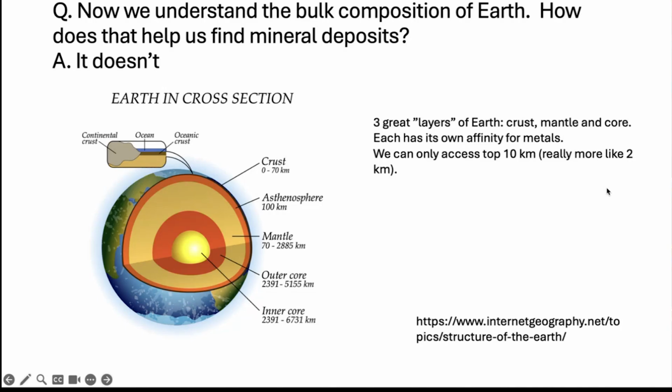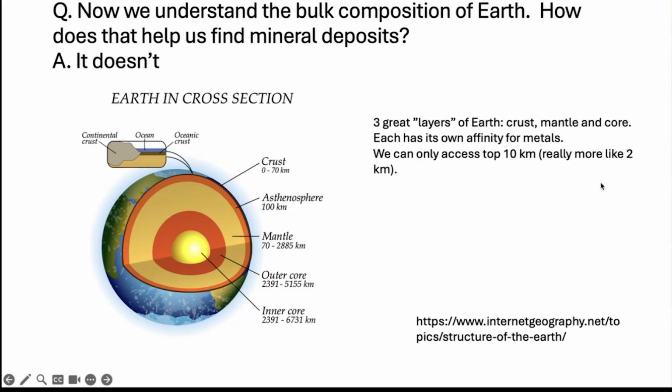But okay. Now here's the key thing: we can only access the top 10 kilometers of the Earth directly. I say that because the Soviets drilled a drill hole down to 11 kilometers on the Kola Peninsula. So we know we can go that deep.